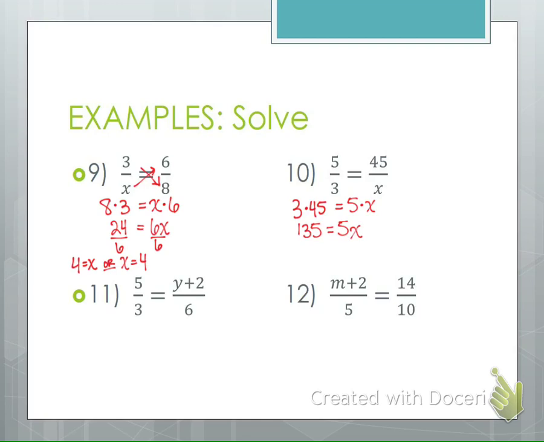To solve it, we would need to divide by 5. What do we get for x? 27. So you can put 27 equals x, or you could write x equals 27. Does not make a difference to me. Questions about 9 or 10?